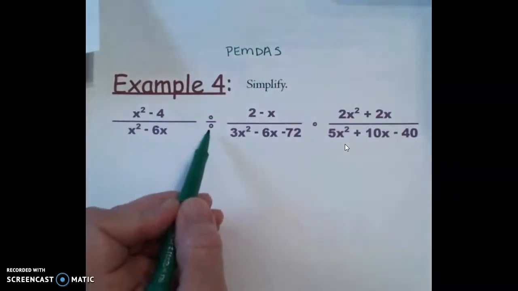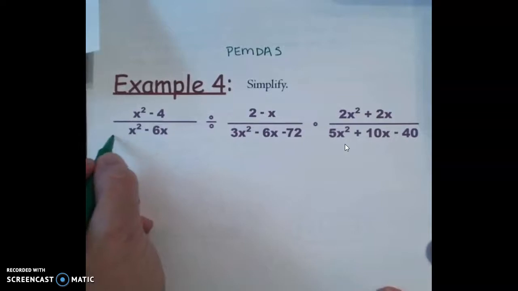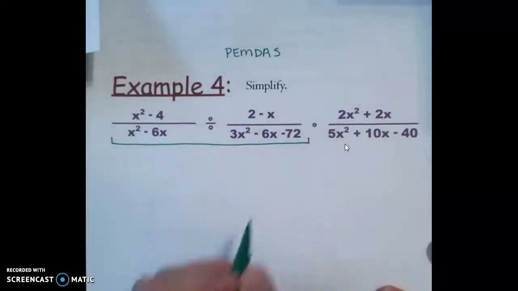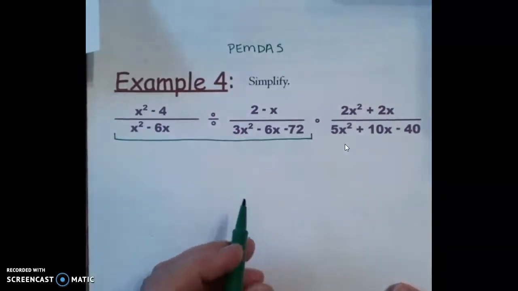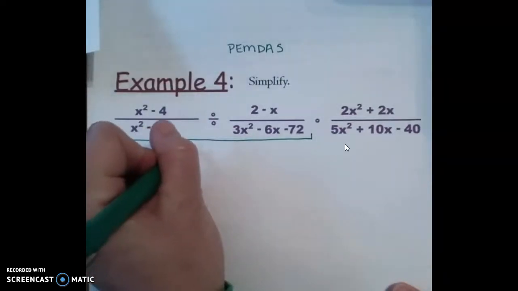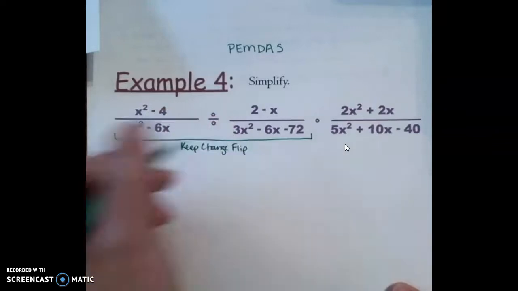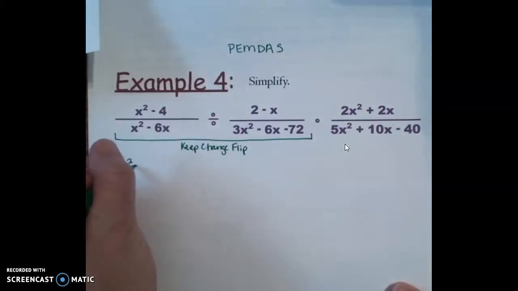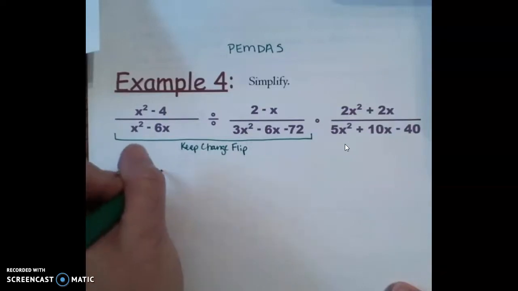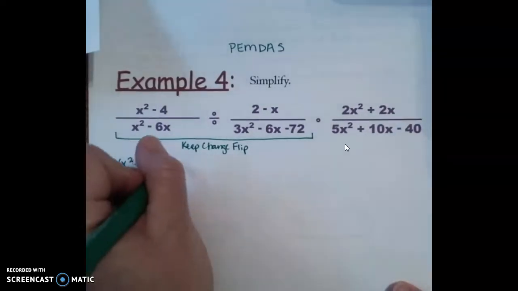So in this case, division comes first. So we're going to work on dividing these 2 fractions first off. So I'm going to do keep, change, flip. So we'll keep that first fraction the same. Change to multiplication and then flip.